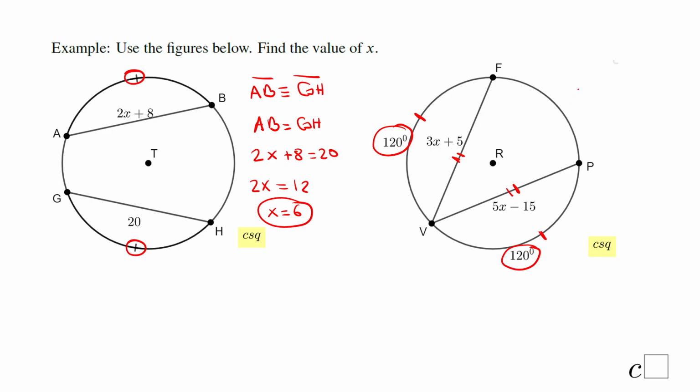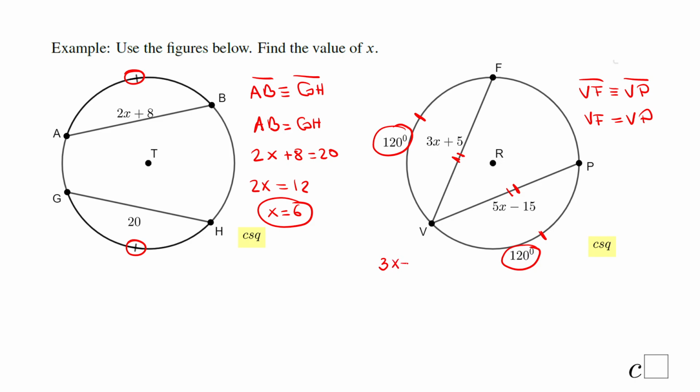I'm going to write chord VF is congruent with chord VP, which means the measure of chord VF is the same as the measure of chord VP.